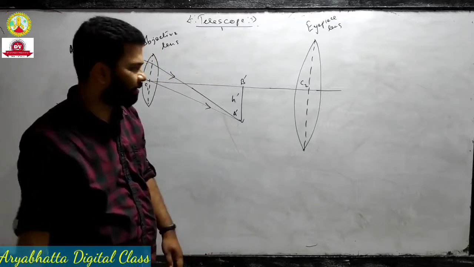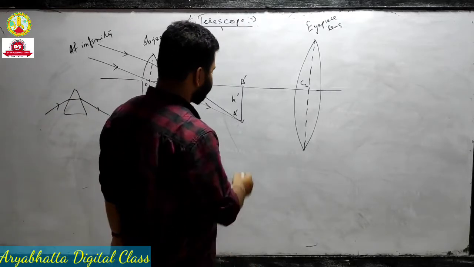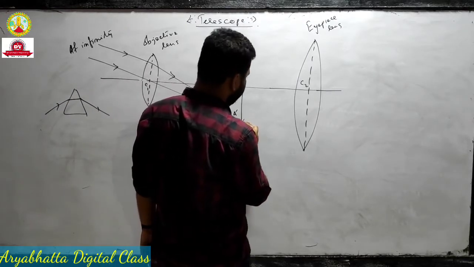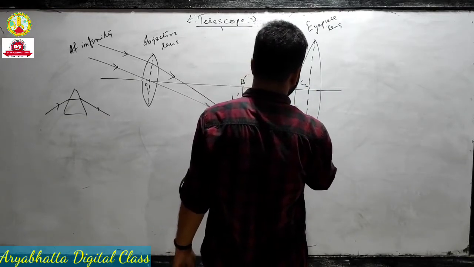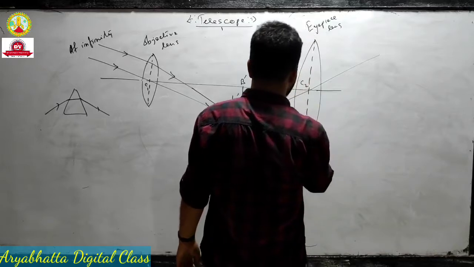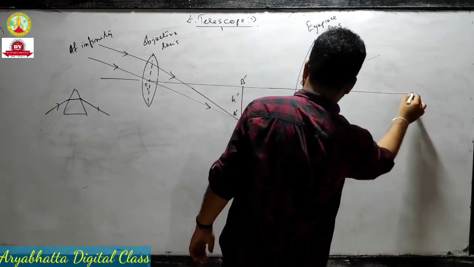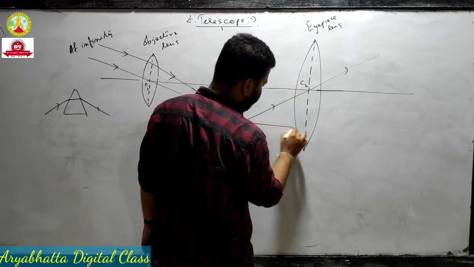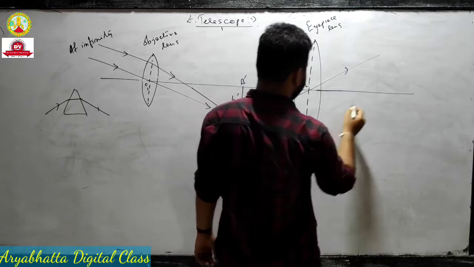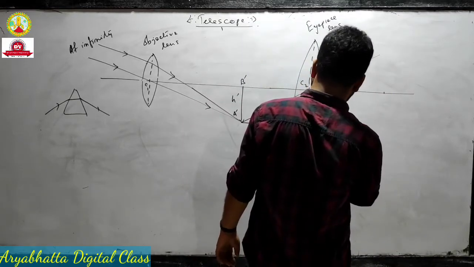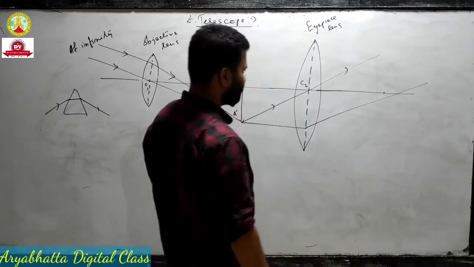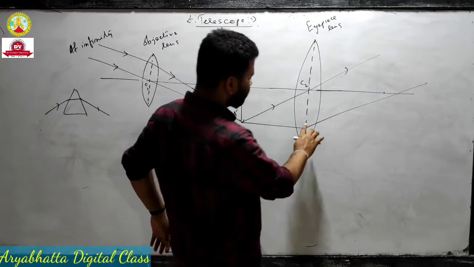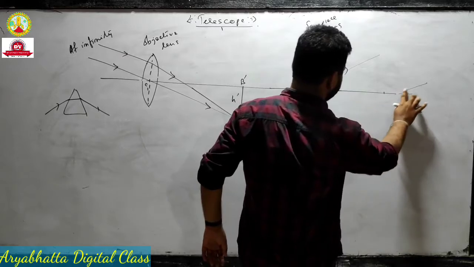Okay, done. Now from this one a light ray will pass directly through the optical center and it will not deviate. Another one that will pass parallel to the principal axis, it will pass through the focus, so it will pass like this.